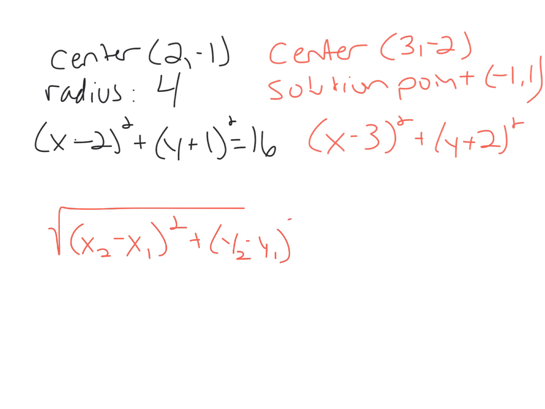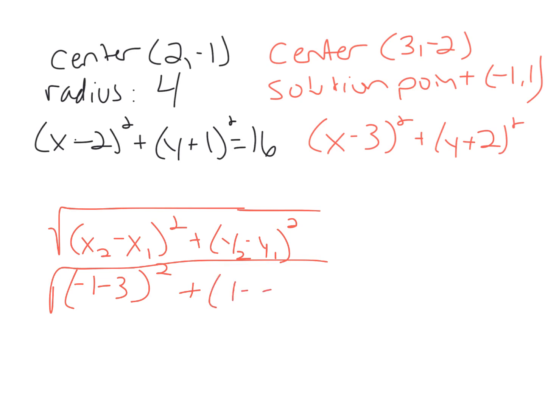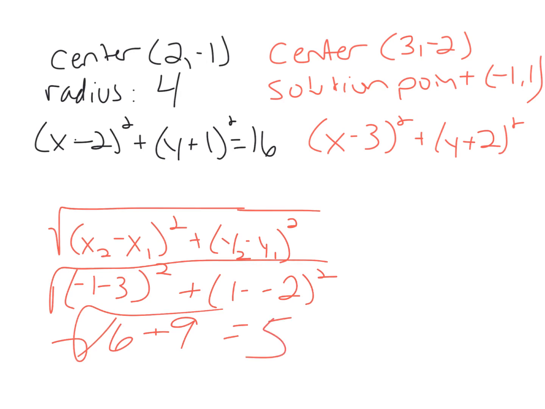Some people switch the 1s and the 2s. That's fine, you do you. So that's going to get us negative 1 minus 3 squared, and 1 minus negative 2 squared. Which is going to get us 16 plus 9, which equals 25. And that's going to get us 5. So therefore, it's easy enough. R is 5, so that means the equation is going to be equal to 25.